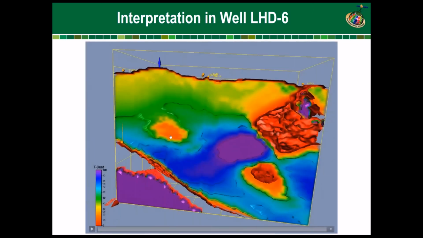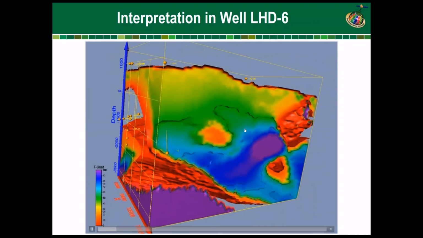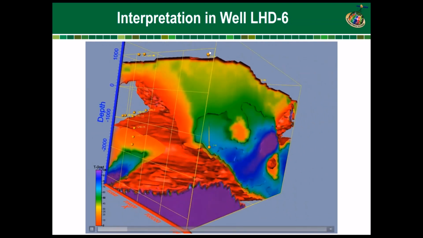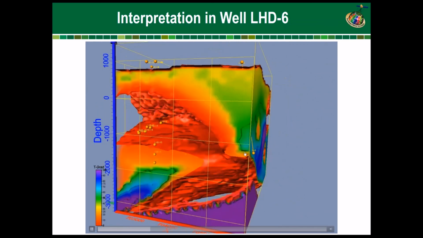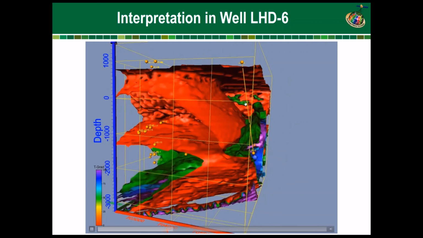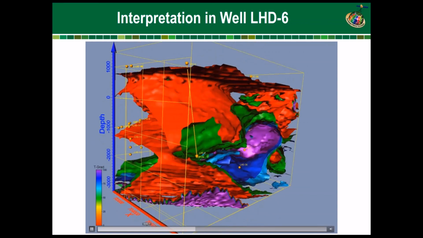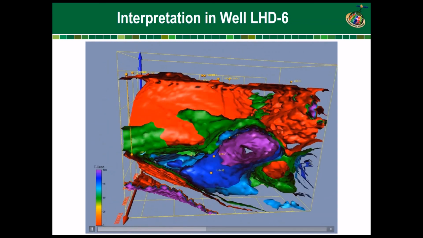Let's take a look at another well. This well is LHD 6. All right, so LHD 6 well is right here. You could see a line. There's not much else to say about this well, because this well, as you saw previously, is located in a high gradient zone.